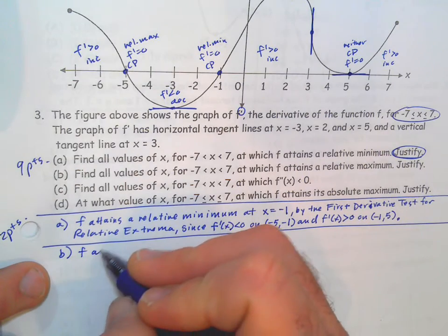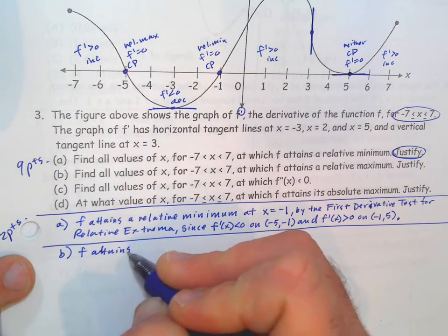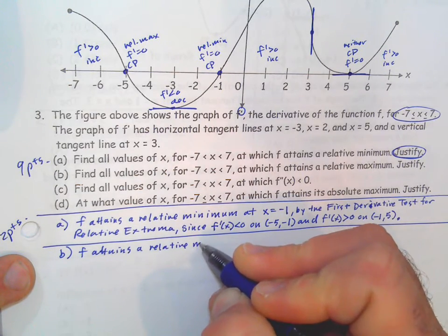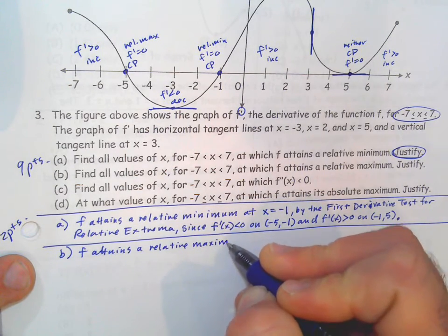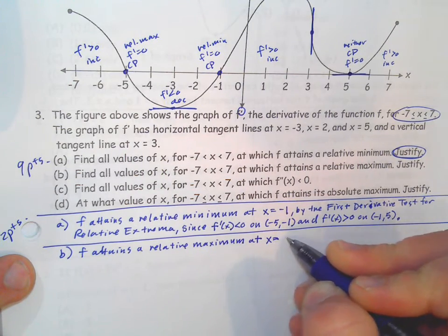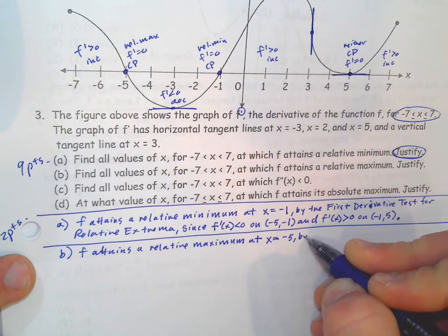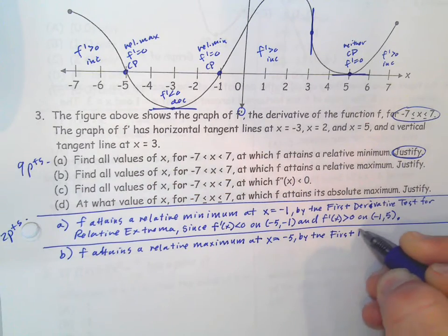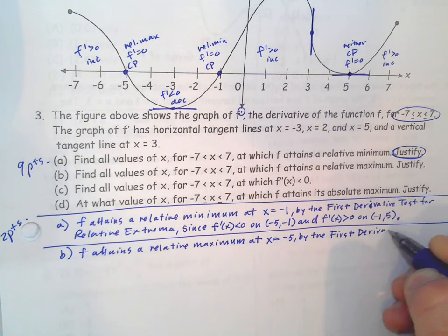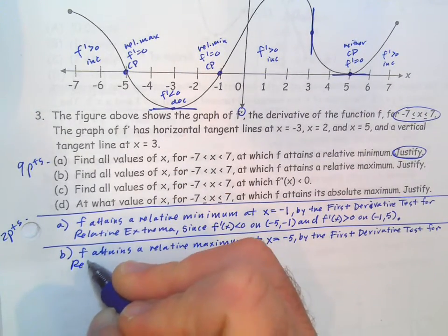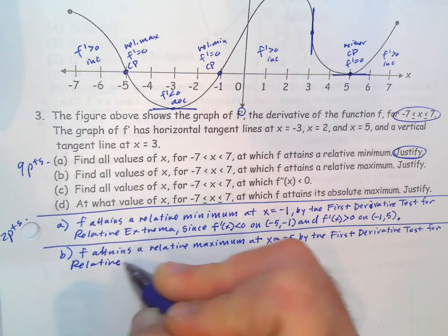F attains a relative maximum at x equals negative 5 by the first derivative test for relative extrema.